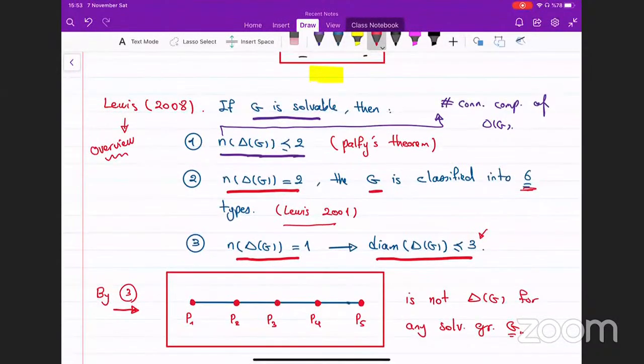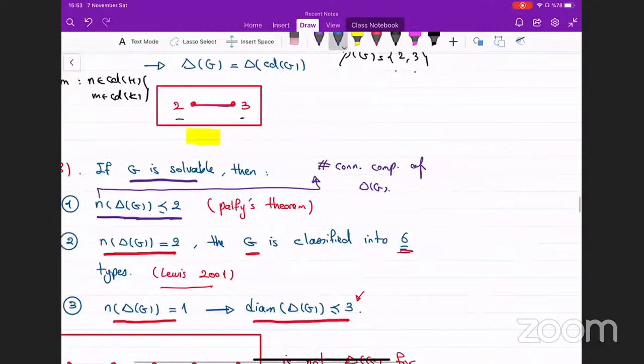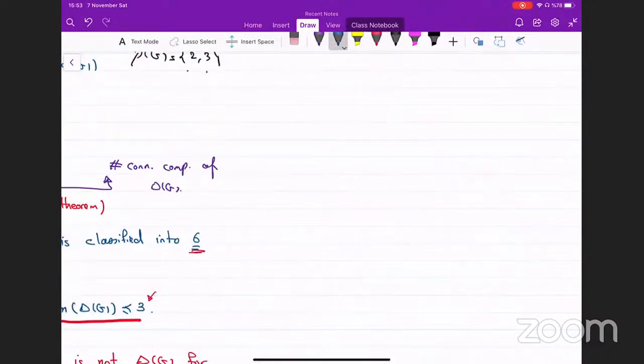Let me also mention something else. This Pálfy theorem is also called the three primes condition. What does it mean? When I'm working with a solvable group G, if you choose 3 primes p, q, and r in the vertex set rho of G, then at least 2 of these vertices are joined by an edge.